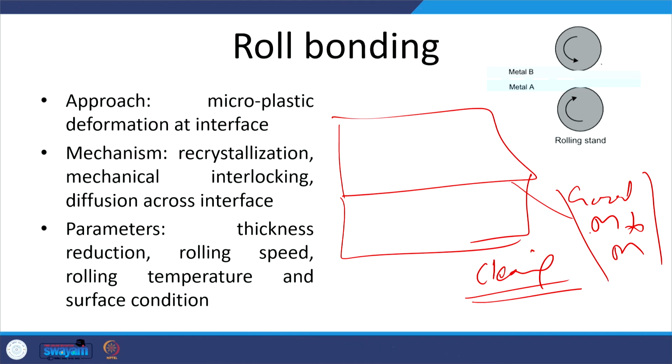So, extremely good cleaning is a prerequisite for roll bonding, so that they come in metal to metal contact when the components are being rolled. Okay. That is one. And when you see that the 2 components, when these roll, they come very close to each other, and that in turn helps in development of the bond.